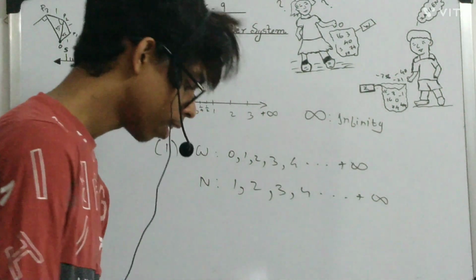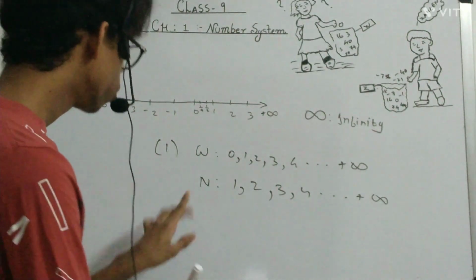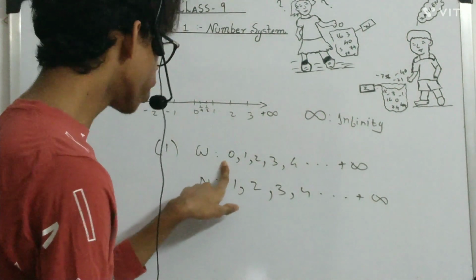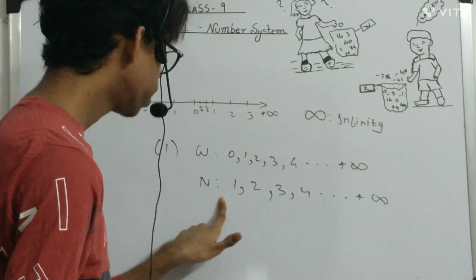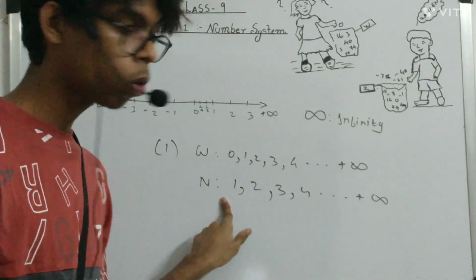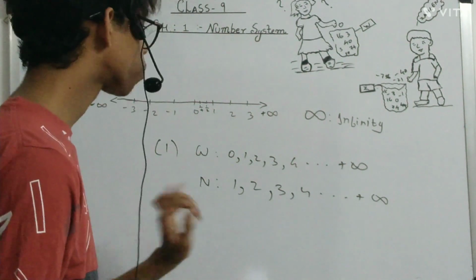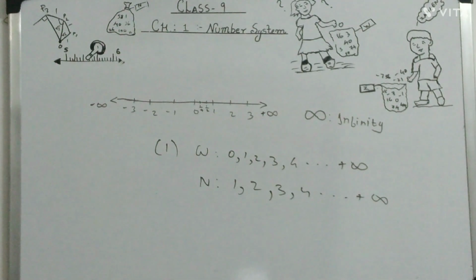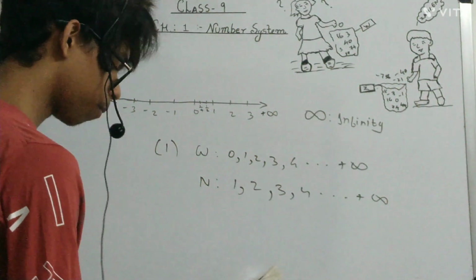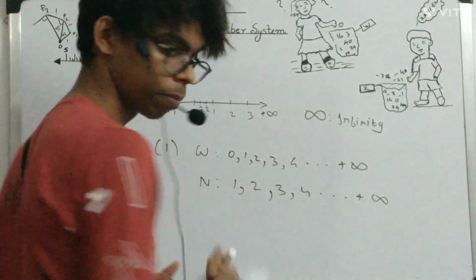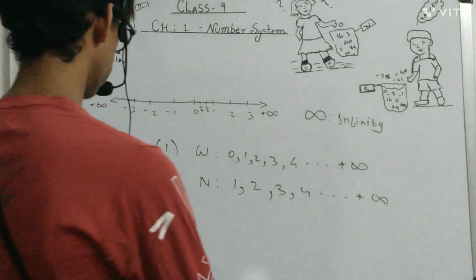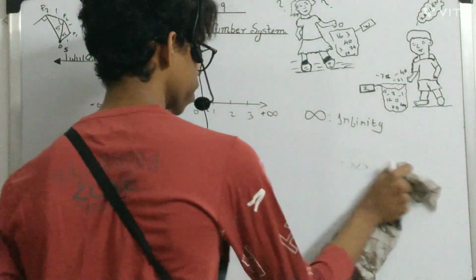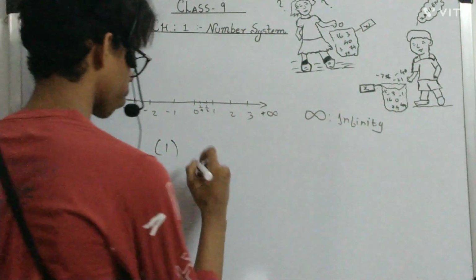So for your example, if they ask you, you can say that whole numbers consist of 0 and natural numbers do not contain 0. So definitely it is a false statement. You can write the first one as false.